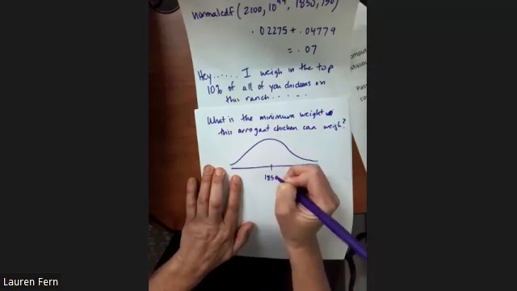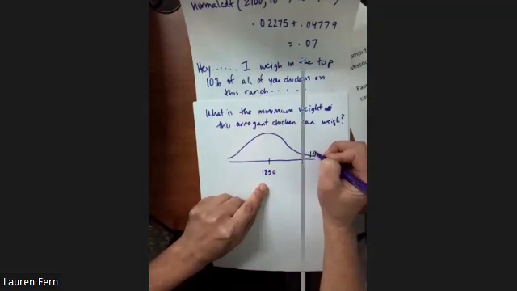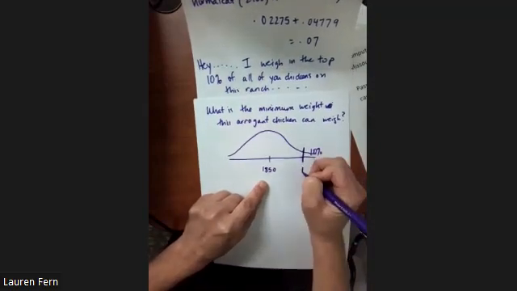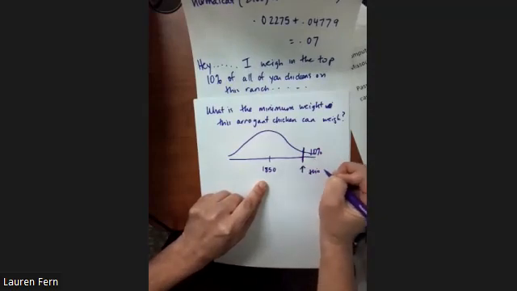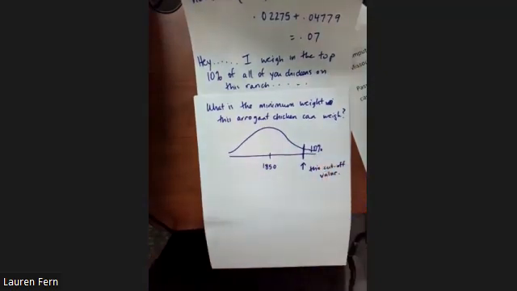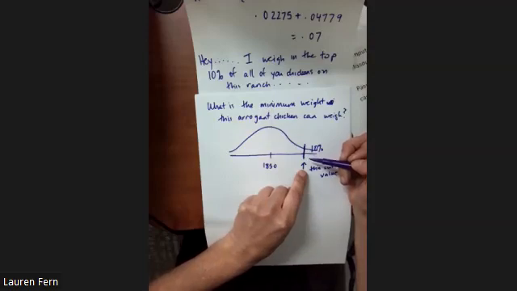Notice here's my mean. And if we look at the top 10%, that's way up here. What I want to know is this cutoff value. Obviously, if a chicken weighs like 10,000 grams, that's going to be in the top 10%. But what we want to know is what is that cutoff value that would place her in the top 10%.